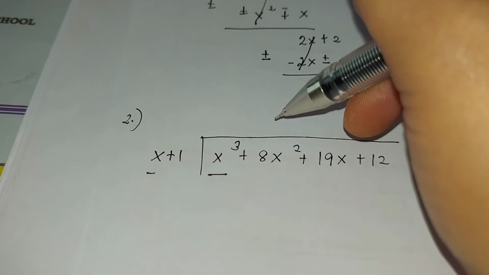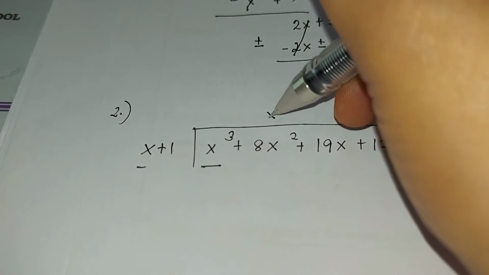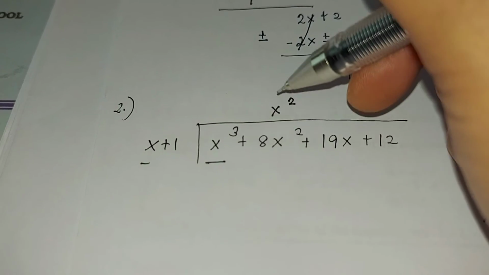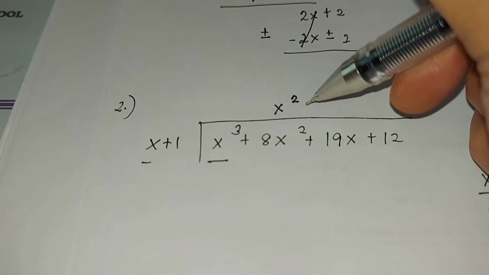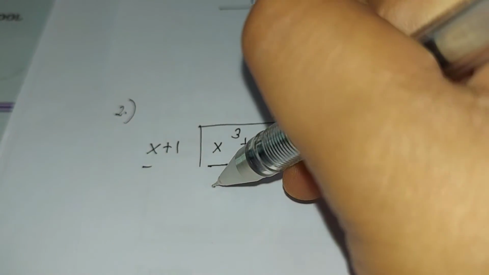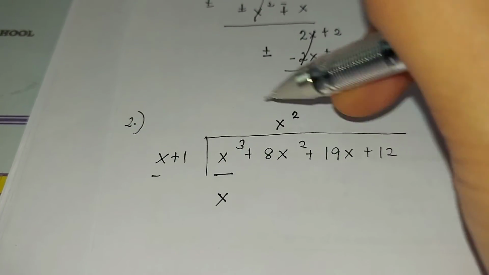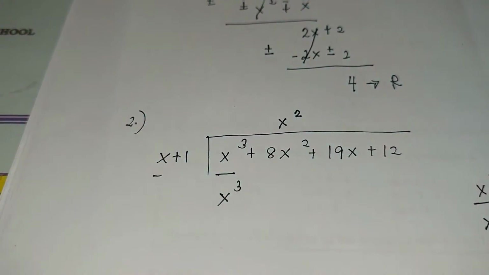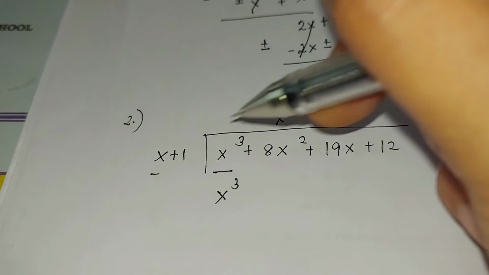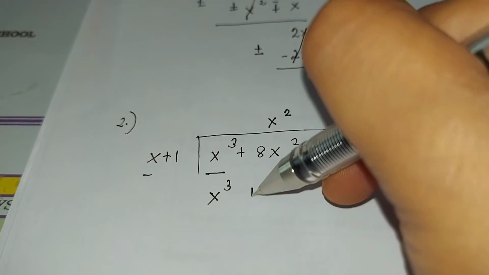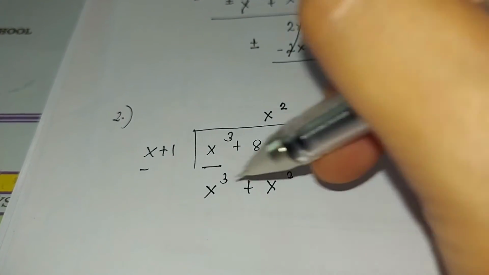You write your answer above. Multiply x squared times x, so x, 2 plus 1, cubed. x squared times 1, positive x squared.